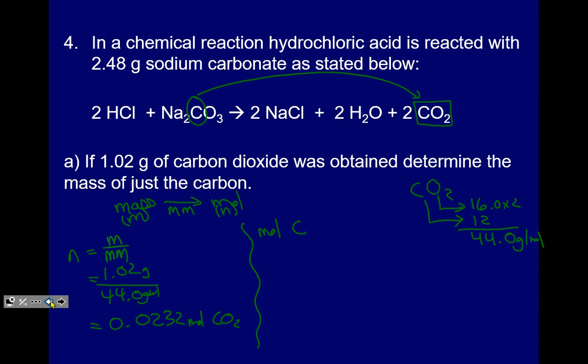Multiply by 1, there's only 1 carbon. So moles of carbon is also 0.0232. And if you want to see where that calculation came from, it's 1 C in each CO2. That's the way I wrote it down before. Multiplied by 1. There's only 1 carbon. All right. Excellent. 0.0232 moles of carbon.